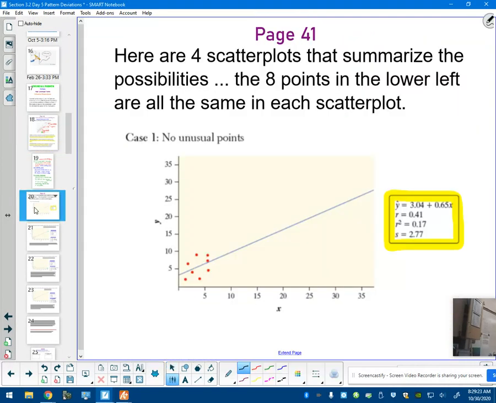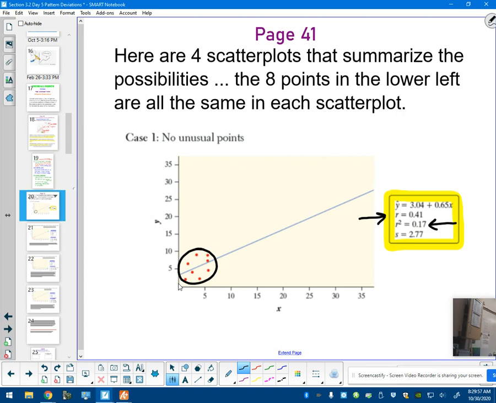See this data set right here? If you were drawing an ellipse around there, it's pretty circular, right? All those points are pretty clustered together, and it's really a weak relationship. And you can see that because the R is only at 0.41, and look at the R squared, it's at 0.17. 17% of how the Y's go back and forth are explained by how the X's go back and forth.